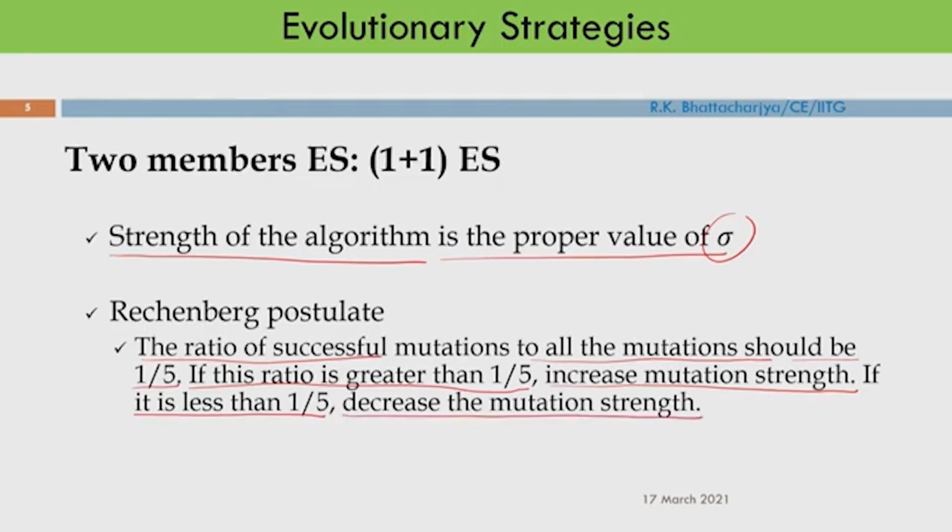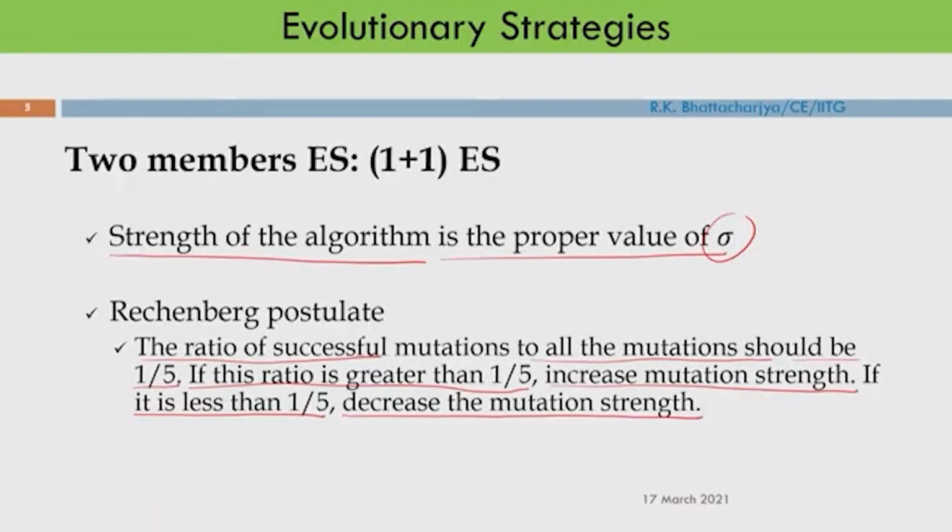So, what does it mean? If the ratio between successful mutations to all mutations is less than 1/5, that means you are not successful. In that case, you are near the optimal solution, but you are looking at the other region.